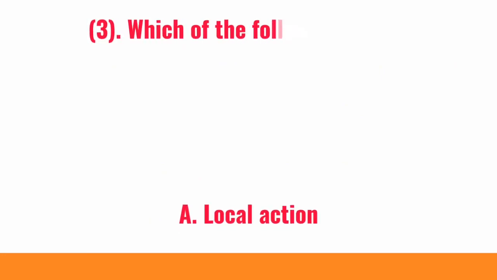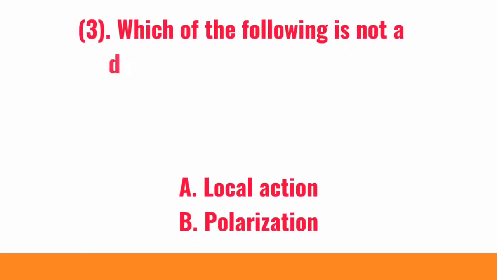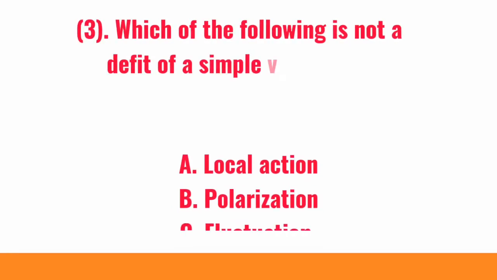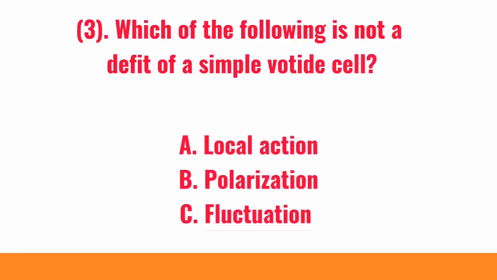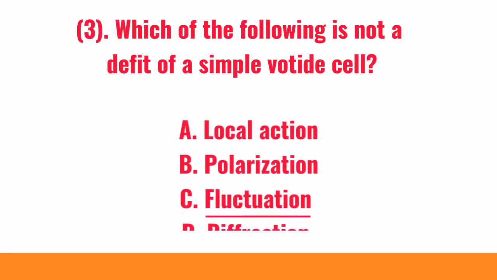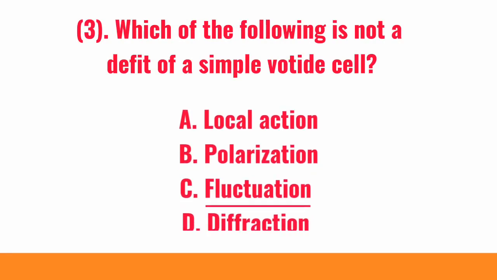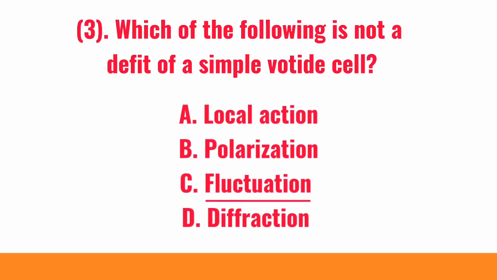Now, the third question: which of the following is not a defect of a simple voltaic cell? Another name we can give to a Leclanché cell is a voltaic cell. Leclanché cells, Daniell cells and secondary cells are all known as voltaic cells.